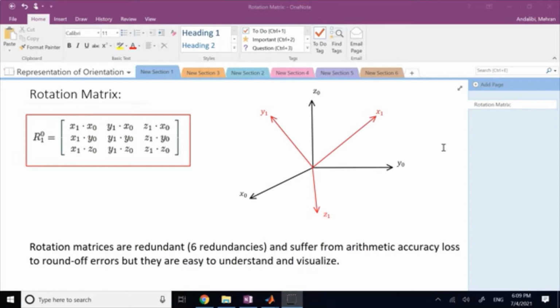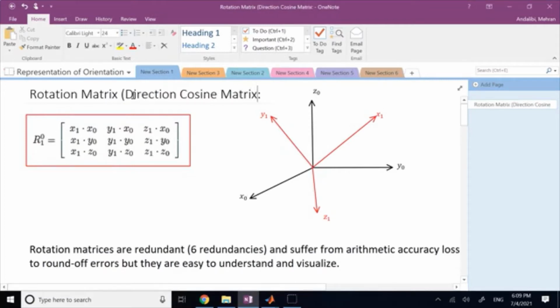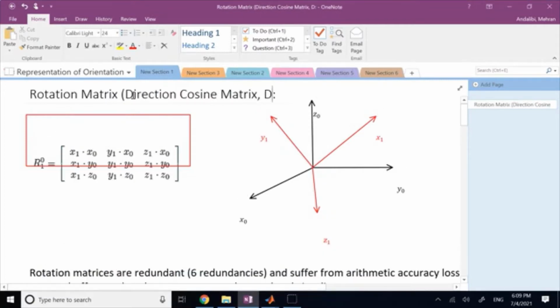One of the most common ones that we use a lot in engineering and robotics applications is called the rotation matrix. Some people will also call it a direction cosine matrix or DCM.